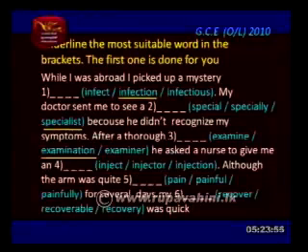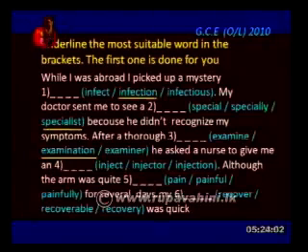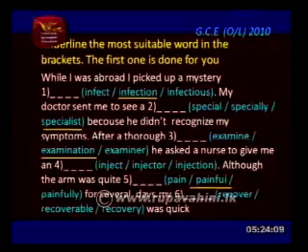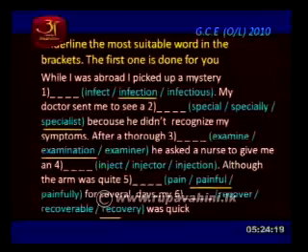Right? Yes. After a thorough examination, he asked the nurse to give me an injection. Yes, you know that the doctor had asked the nurse to give an injection. So what is the clue there, Andrea? An is there, but all the 3 words are beginning with a vowel sound, but with the context you know that it is an injection that is to be given.